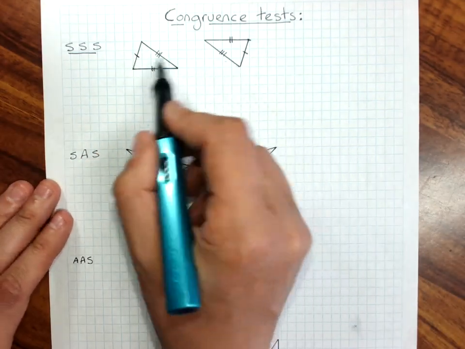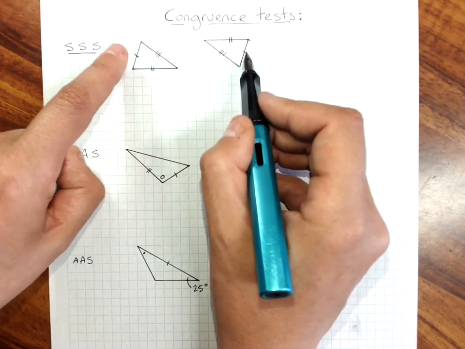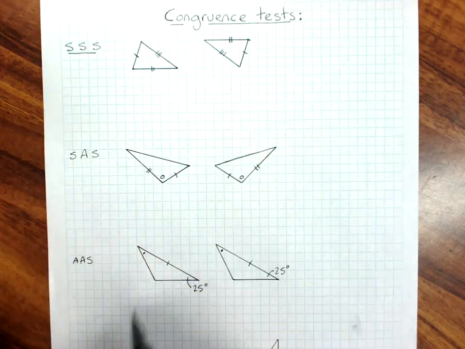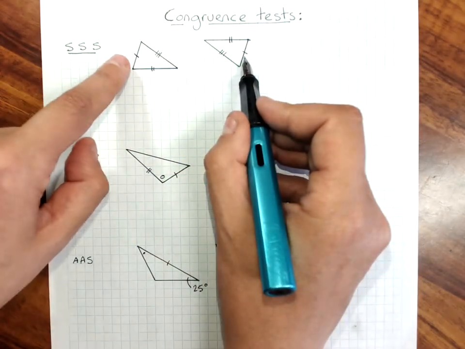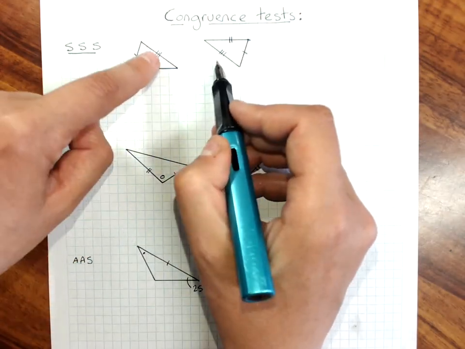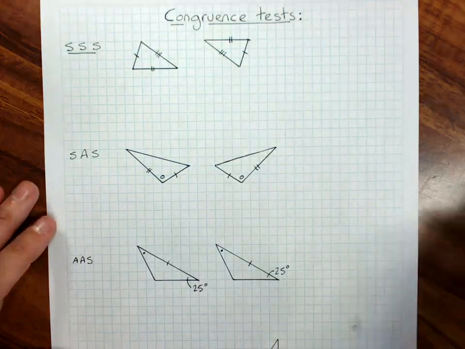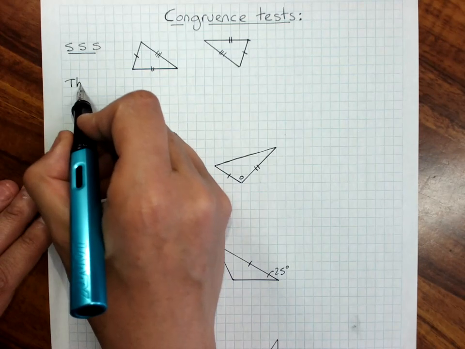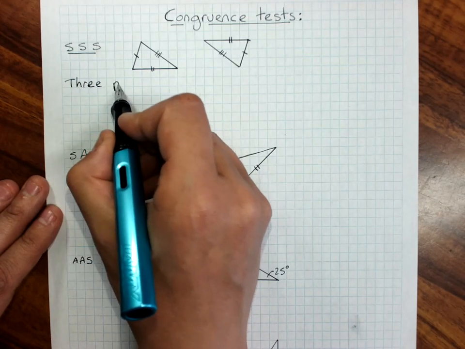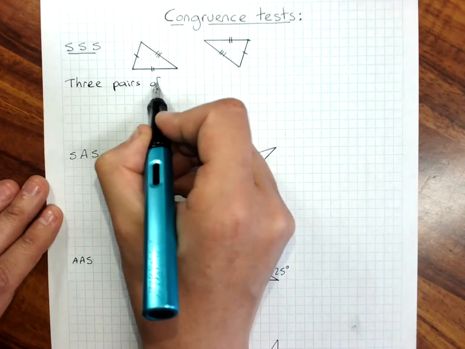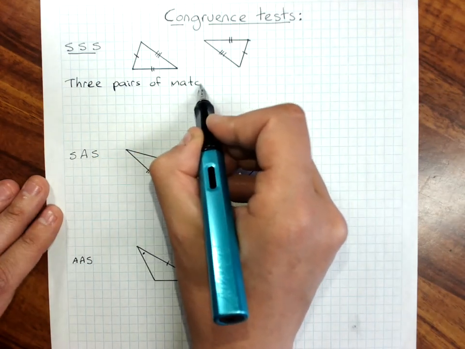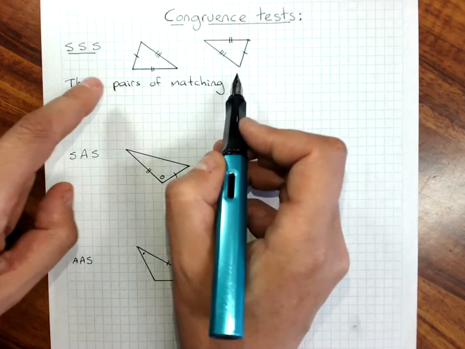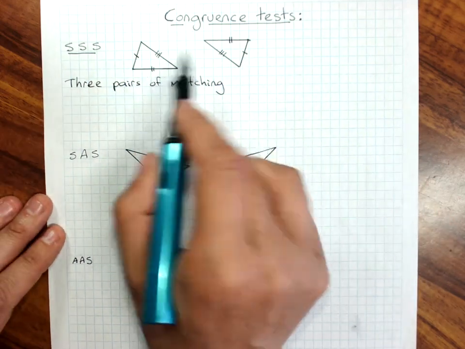And if I've got two triangles and they've got 3 pairs of matching sides that are the same length, so these two are the same length, those two are the same length, and those two are the same length, that's enough to say they have to be congruent. And with a triangle, it's enough just to say they have 3 identical sides between them.